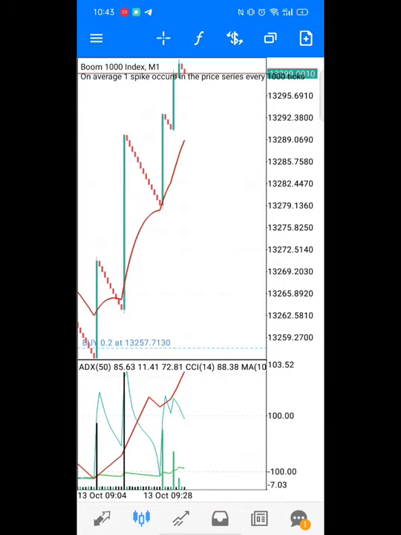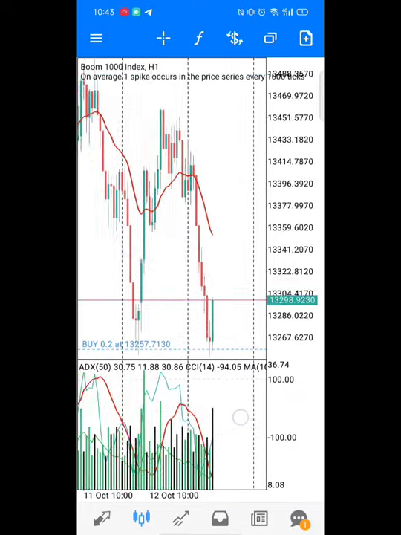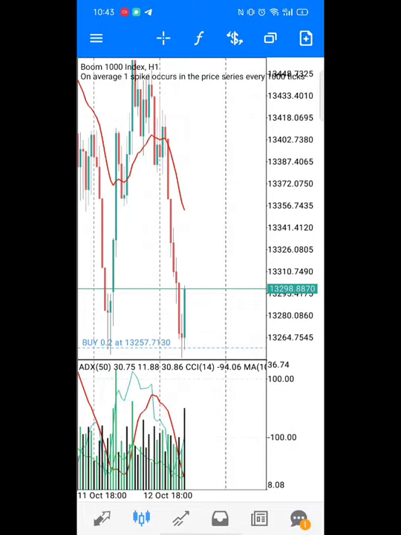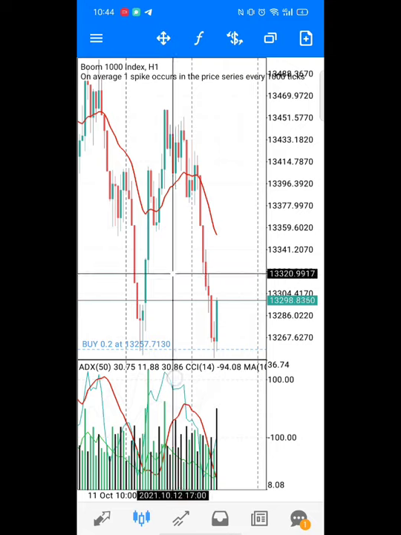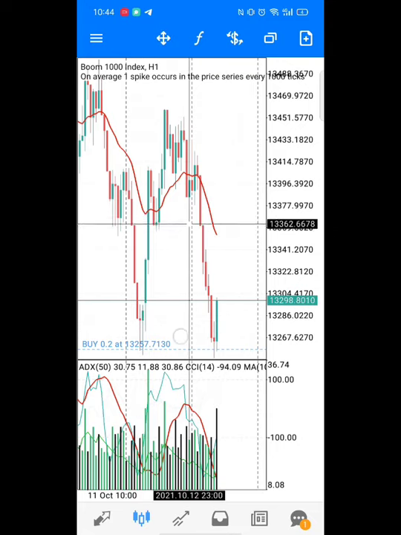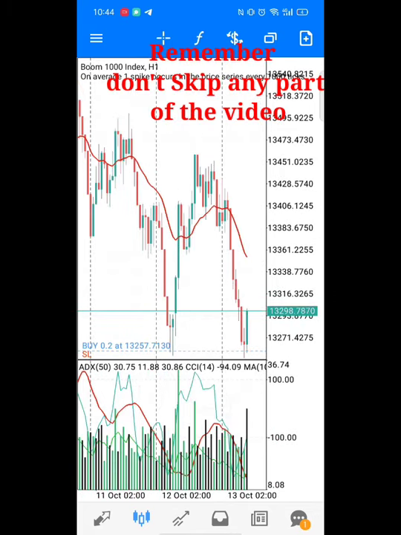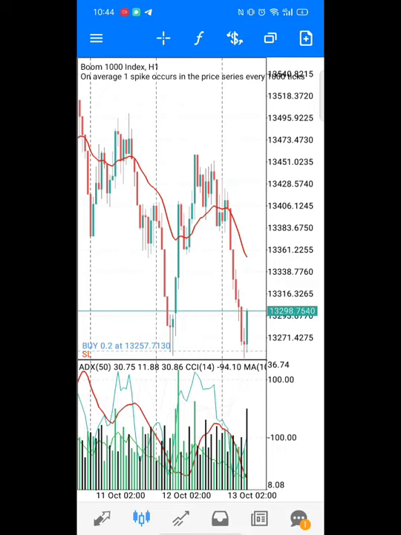Before I took this trade, this is what I did. First of all, I went to the 1 hour time frame and I saw a doji. I hope you guys know candlestick patterns like the doji, the hanging man, the hammer, the inverted hammer, the morning star.